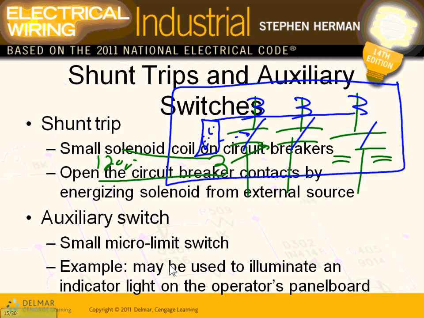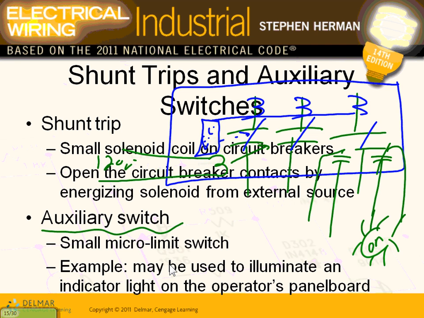The second thing that they have is auxiliary contacts. One or two auxiliary contacts that can come from these circuit breakers. So take this: if I want a light to go on every time this circuit breaker is on, and I'm just exaggerating here, they have auxiliary contacts that come with the circuit breaker that you can wire to take a signal.